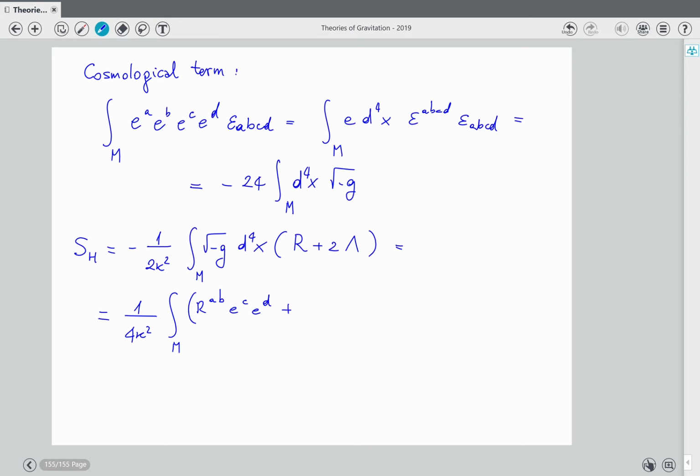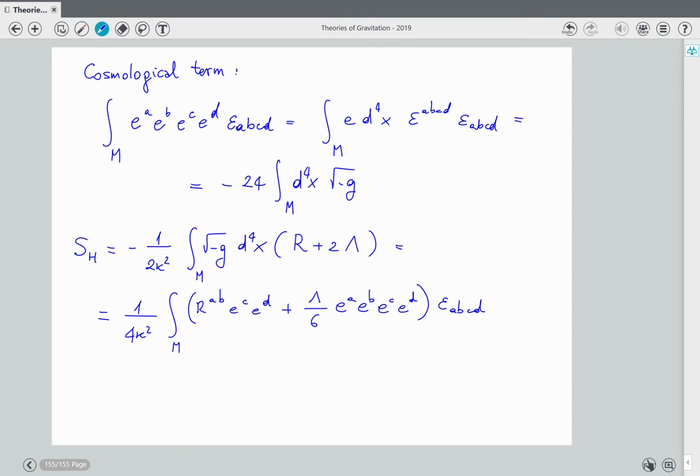And then the other one we can check is equal to lambda. Probably it is this. Now we will check E^A E^B E^C E^D epsilon_{ABCD}.